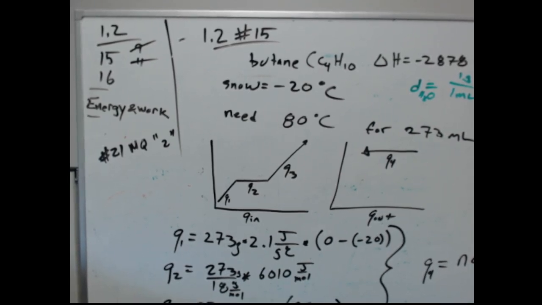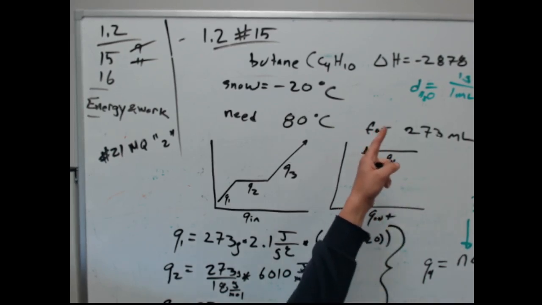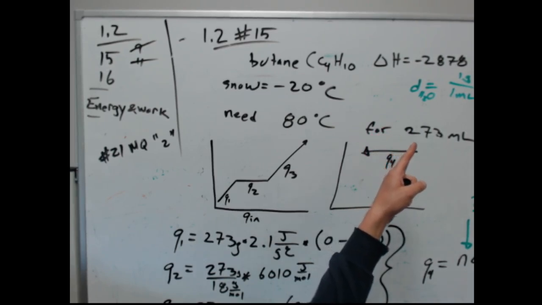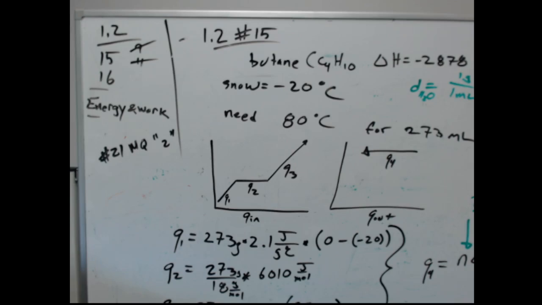Where the big question here is, how much butane do we need? So that's going to be the question mark. So I've just got to find n, making sure I don't mess up my units. So that's going to be 2878000 if I'm doing everything in joules, which I switched this to.